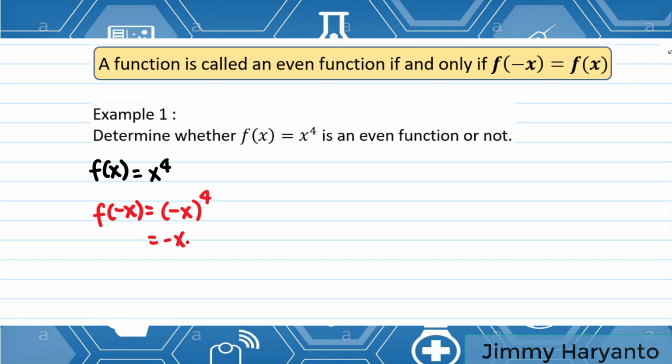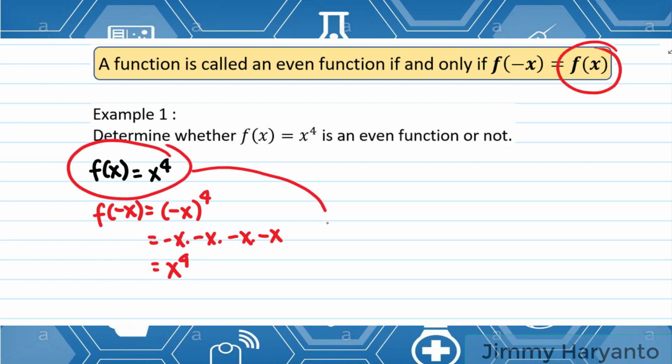It means negative x times negative x times negative x times negative x equals x to the power of 4. And then you compare with f(x). We already have f(x), right? So you don't have to calculate anymore, and you can directly check it. x to the power of 4 and x to the power of 4 is the same. Because it's the same, it means even function.